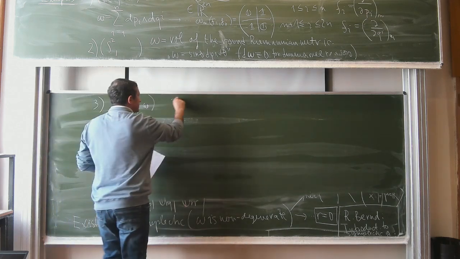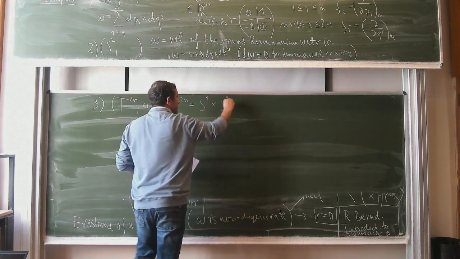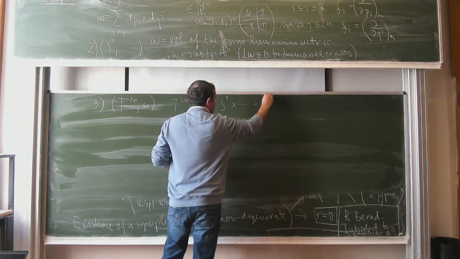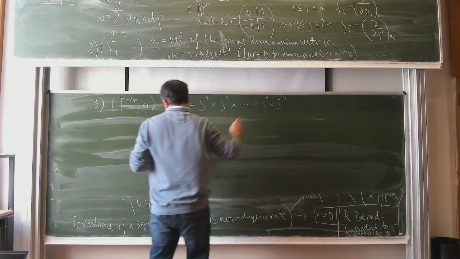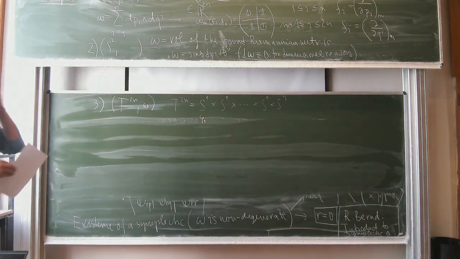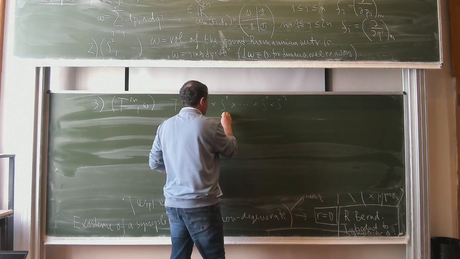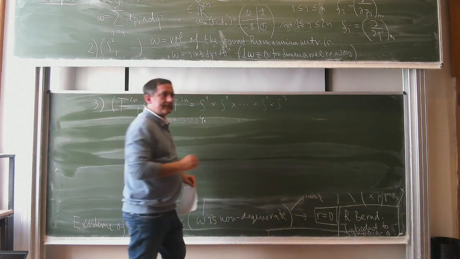What is a torus? What is a torus? A torus in dimension 2n is a product of 2n spheres of dimension 1, that is, 2n circles.